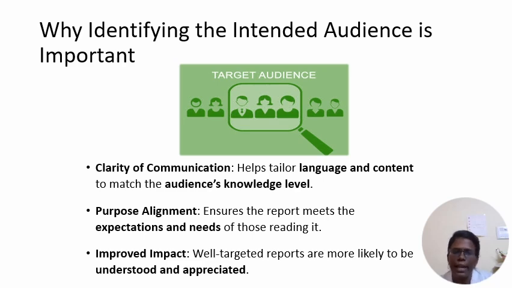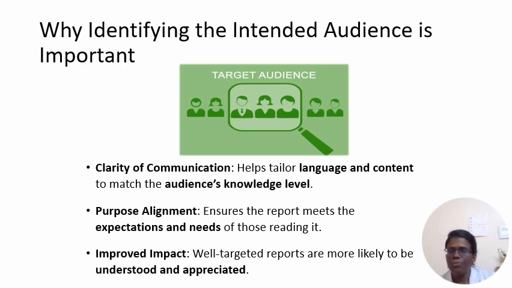Then purpose alignment. We need to ensure that our project reports meet the expectations and needs of those reading them. And the last one is improved impact. This is important because, taking the previous example, if I use technical jargon, the general people can't understand, so I can't get the appreciation.